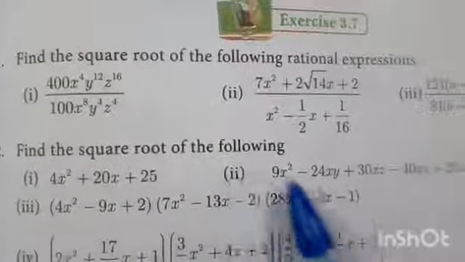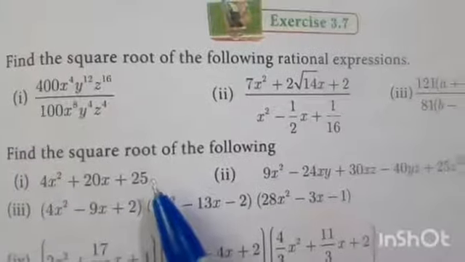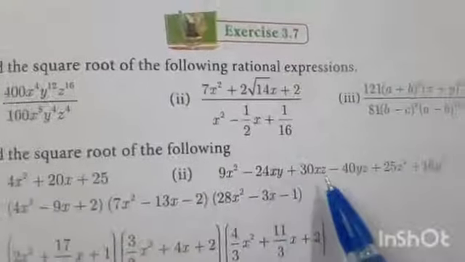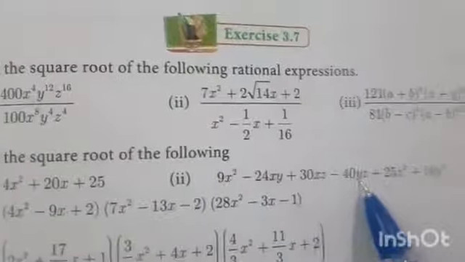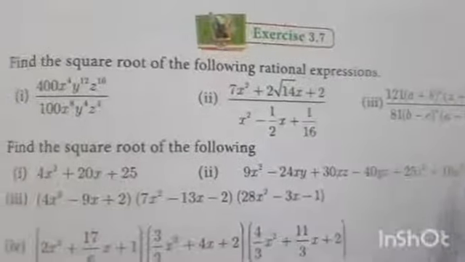Second problem: find the square root of the following. First, 4x square plus 20x plus 25. The second question, 9x square minus 24xy plus 30xz minus 40yz plus 25z square plus 16y square.